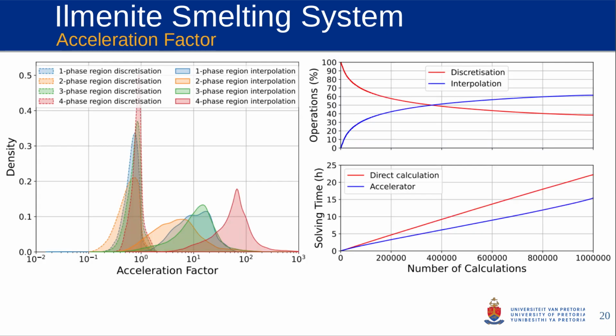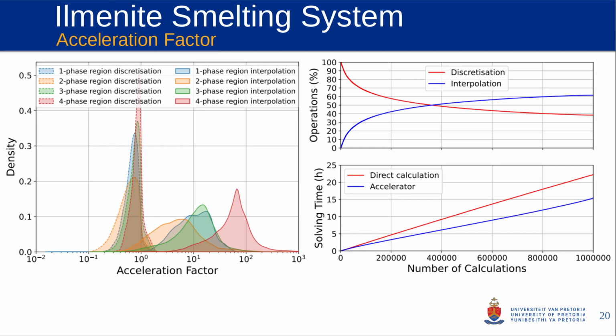We can see the acceleration factor for all discretizations were less than 1, which is expected as an equilibrium calculation has to be performed, and there's additional overhead of finding the data of other equilibrium calculations to be combined into creating the interpolation cell. Interpolations show acceleration factors in the order of 10 to 100, with a few being as high as 1,000.